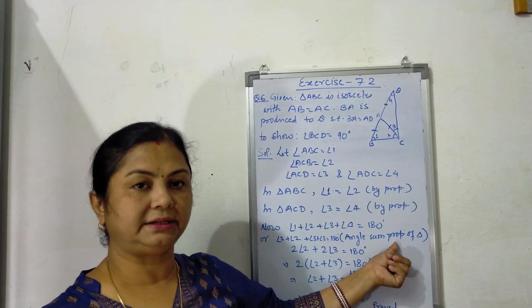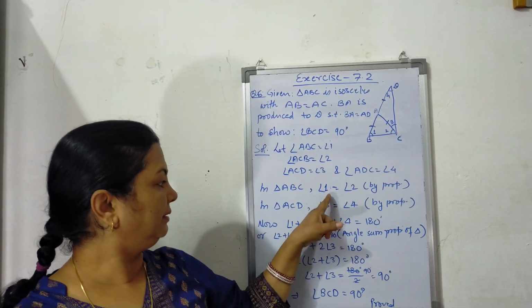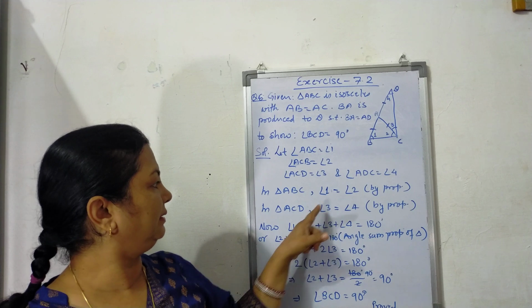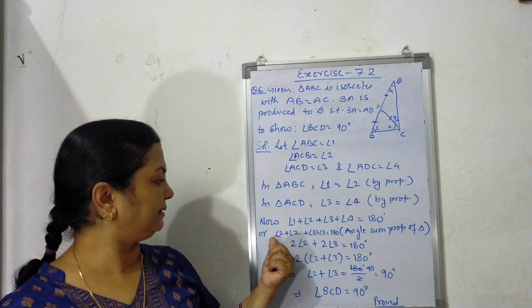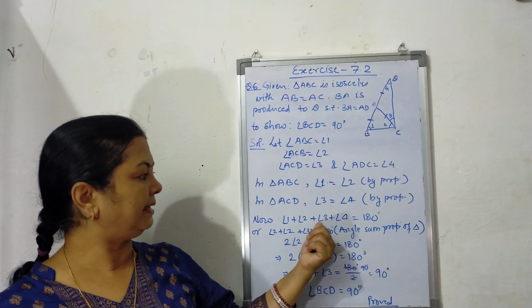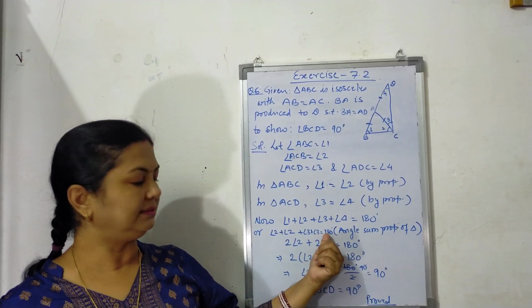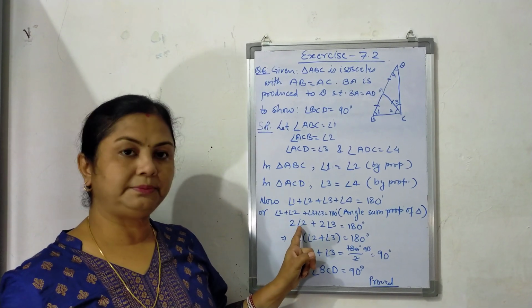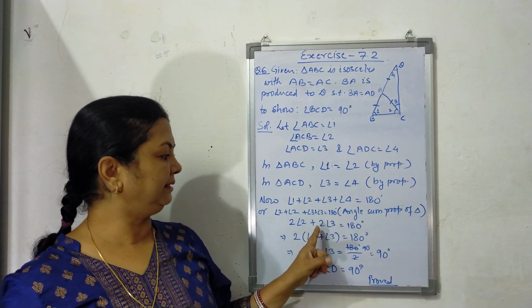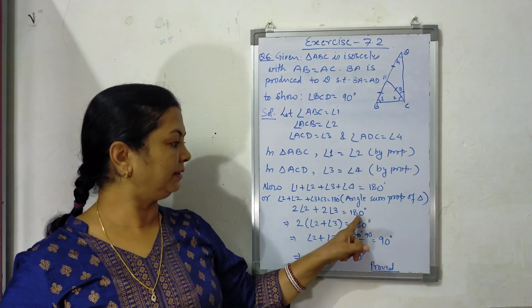So, angle 1 plus angle 2 plus angle 3 plus angle 4 is equal to 180 degrees by angle sum property of triangle. And here we have already proved angle 1 is equal to angle 2 and angle 3 is equal to angle 4. So, this can be written as angle 2 plus angle 2 plus angle 3 plus angle 3 is equal to 180 degrees. Angle 2 plus angle 2, that is 2 times angle 2. Angle 3 plus angle 3, that is 2 times angle 3, is equal to 180 degrees.